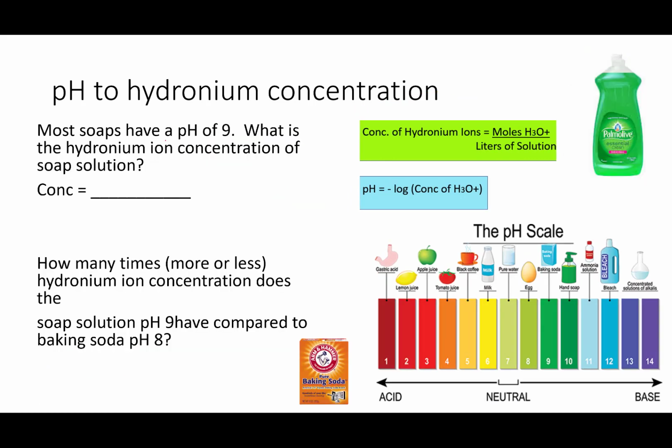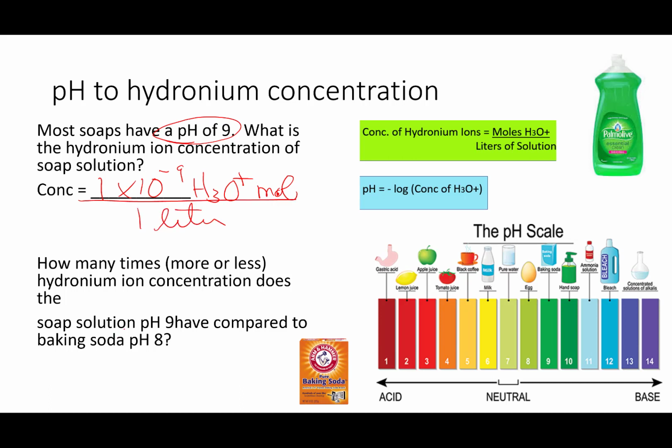If we have a soap solution that has a pH of 9, what's the hydronium concentration? Well, the same thing. Quick and dirty, we can use that pH to go to concentration. 1 times 10 to the negative 9 moles of hydroniums per 1 liter of solution.